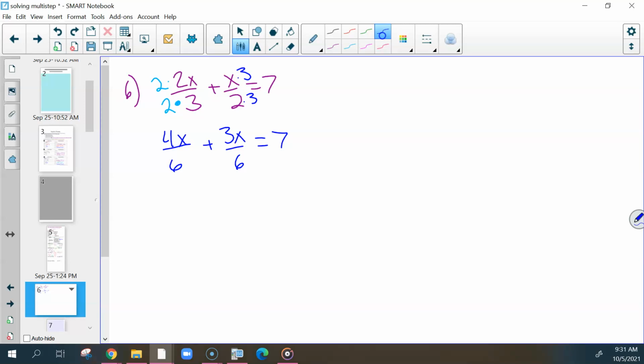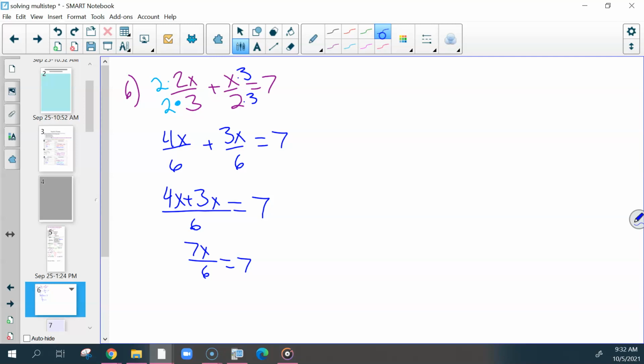Now that I have common denominators, I can combine these as a fraction. And because this is now in one fraction, I can combine my like terms. So this would become 7x over 6.